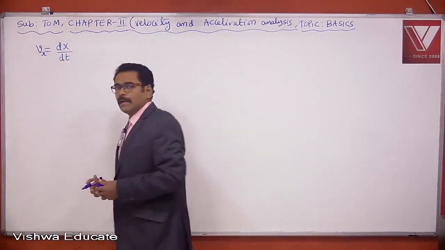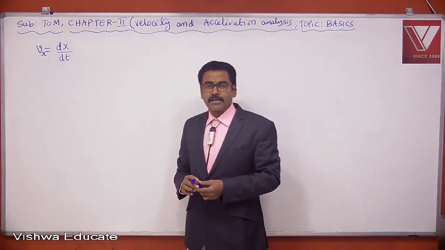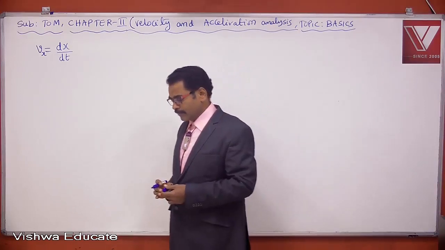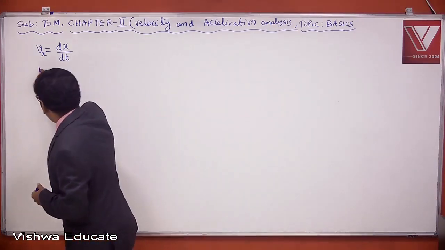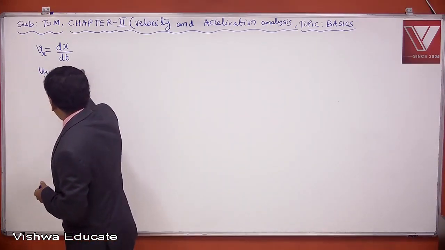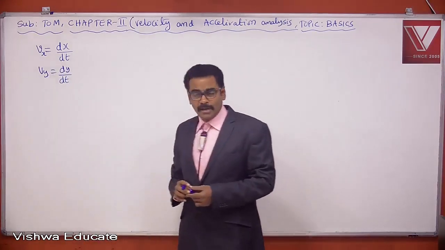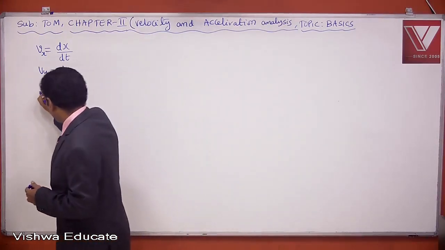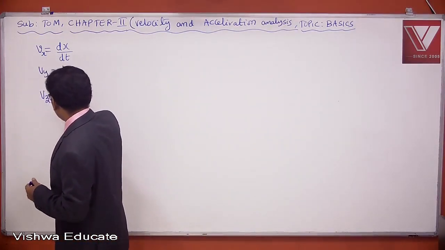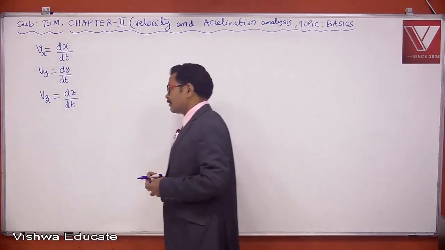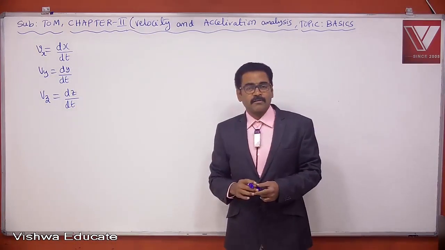Linear velocity of a moving point or moving body along the x-axis is dx by dt, rate of change of linear displacement. Similarly, Vy means dy by dt, rate of change of linear displacement along the y-axis. Similarly, velocity along the z-axis is equal to dz by dt, the rate of change of linear displacement along the z-axis.